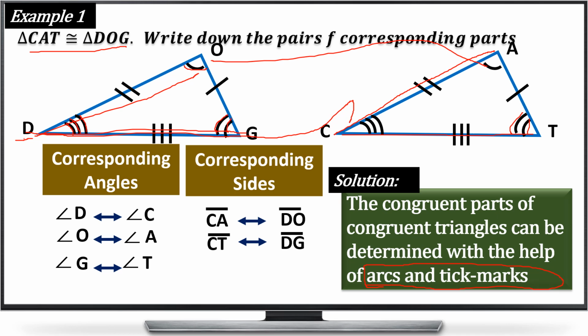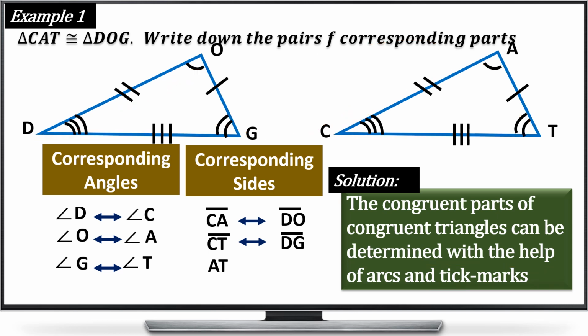And of course, we have here line segment AT, nasaan yun? Nandito sa right side. Must correspond to line segment OG. So, ganun lamang po mag-identify ng corresponding parts ng two given triangles if we want to find out kung sila po ba is congruent or not.